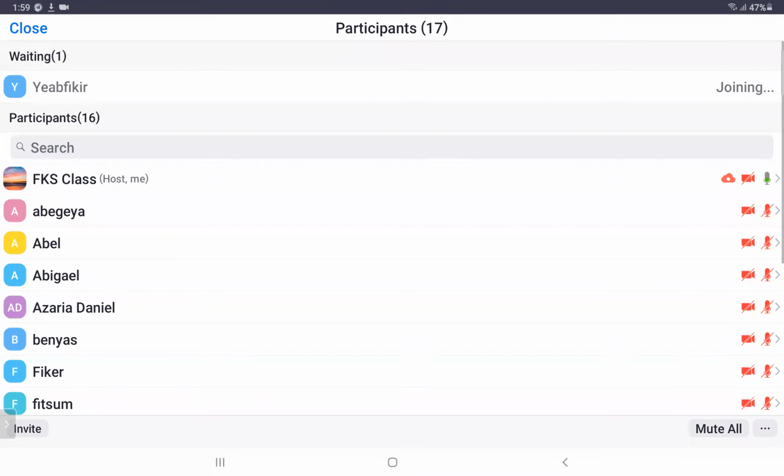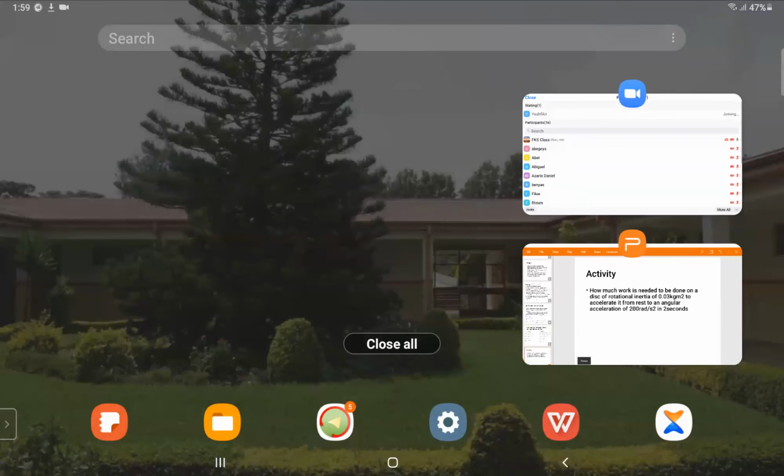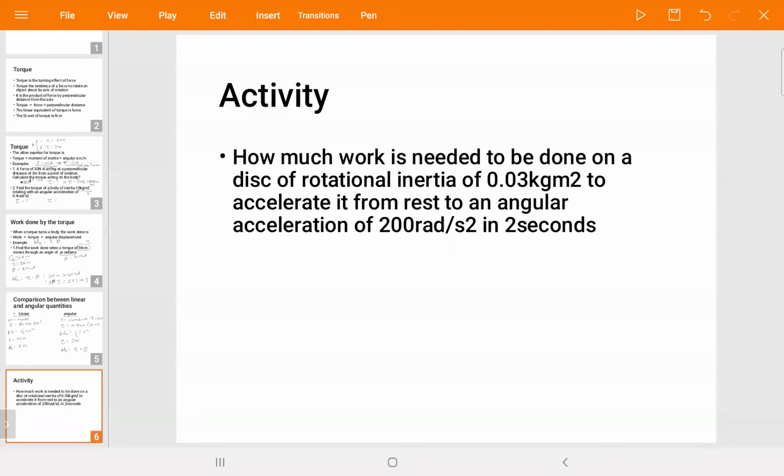The problem says: how much work is needed to be done on a disk of rotational inertia 0.03 kilogram meter square to accelerate it from rest to an angular acceleration of 200 rad per second square in 2 seconds. The motion takes 2 seconds, and some quantities are given.